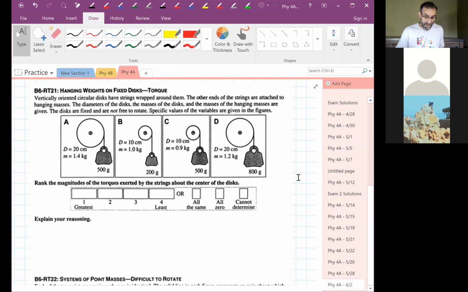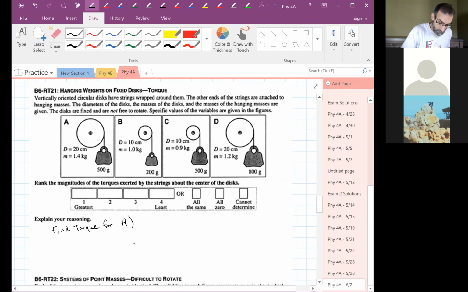Let's not worry about ranking them. Let's just find the torque for one of these. How about for A? Okay, so you're finding the torque that hanging mass is producing on that disk.